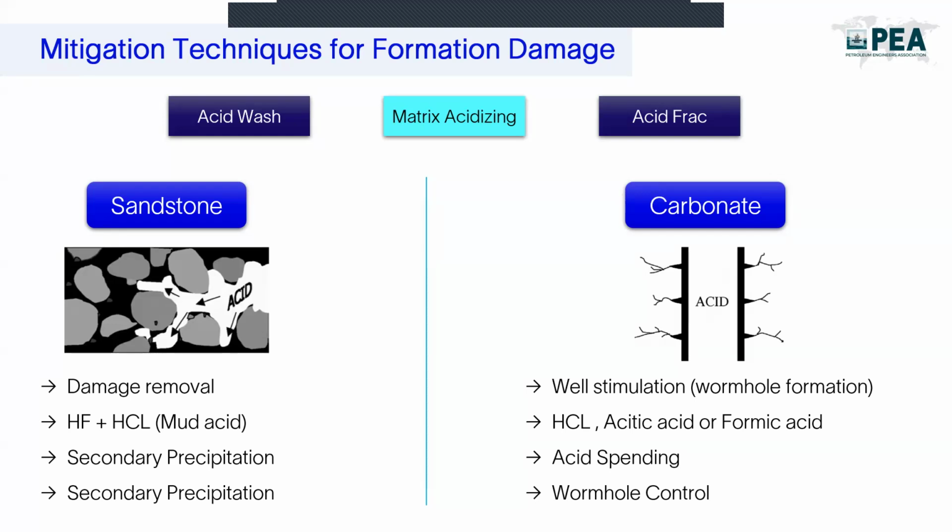And then we have the main acid treatment, which is the hydrofluoric acid, because hydrofluoric acid reacts with the quartz and other silicate minerals, thus dissolving them and creating more pore spaces, which enhances the permeability. Also, the hydrofluoric acid, HF, reacts with the illite and chlorite, where HF dissolves the aluminum and silica components of these clay minerals.